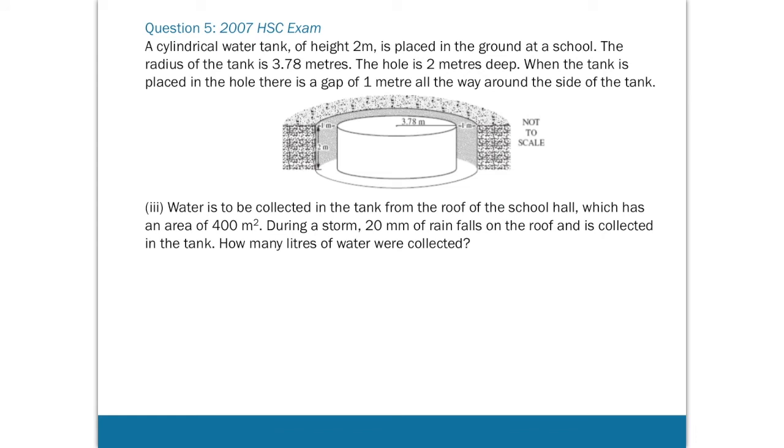Water is to be collected in the tank from the roof of the school hall, which has an area of 400 metres squared. During a storm, 20 millimetres of rain falls on the roof and is collected in the tank. How many litres of water were collected? And as soon as we see this, we know it's a capacity question. So we need to be looking at our capacity rules.